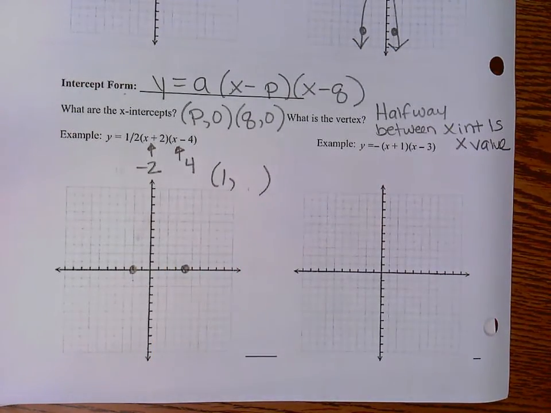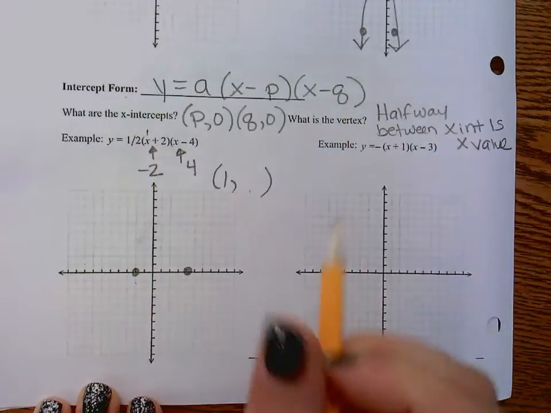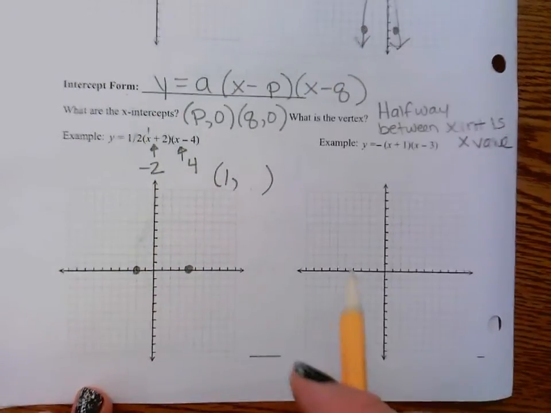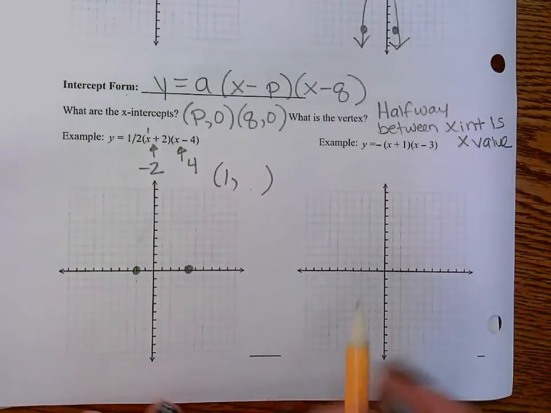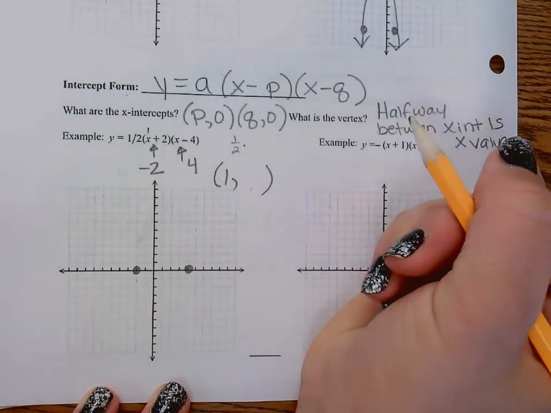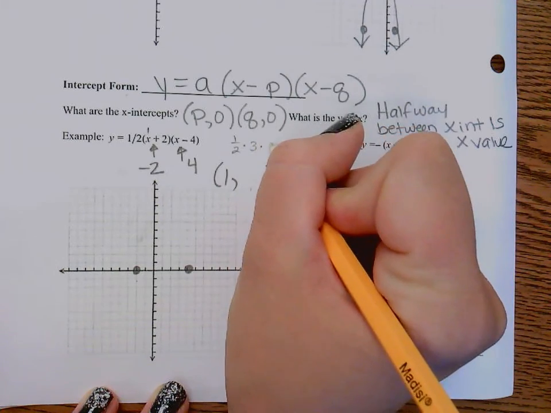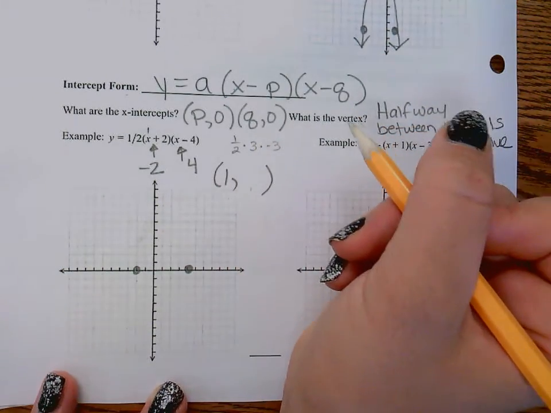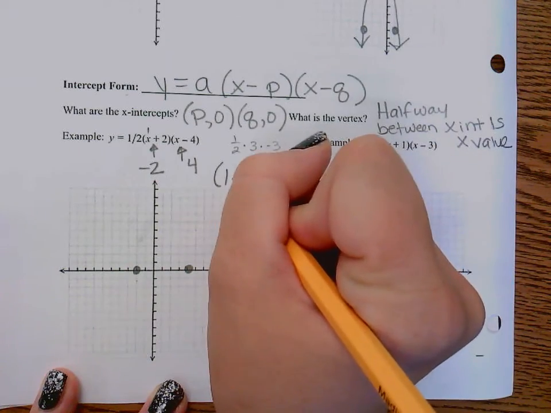All right, so plug it in and see what you get. 1/2 times 3, well, if you plug in 1 plus 2, you'd have 3. And then what do we have? 1 minus 4, negative 3. Isn't it 1/2 times 3 times negative 3? Is that negative 4.5? Oh, that was not a very nice vertex.